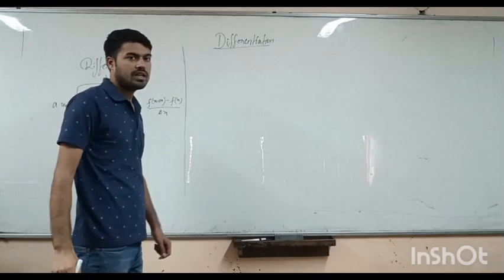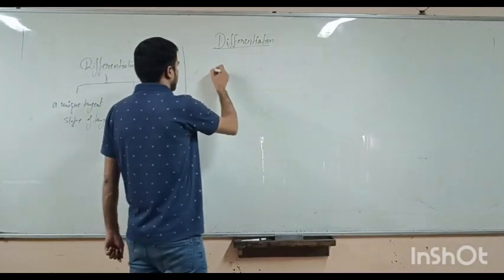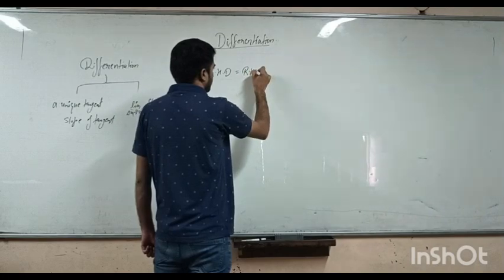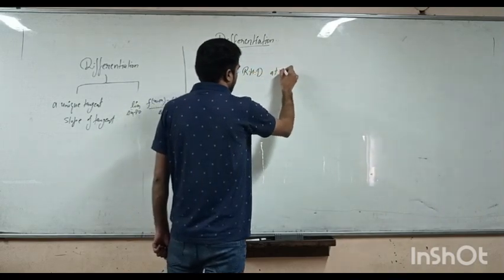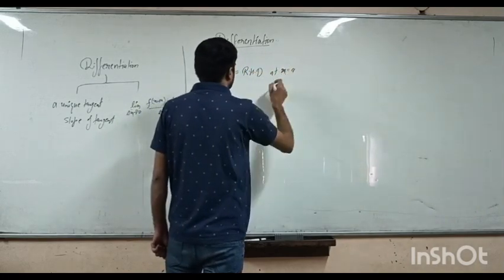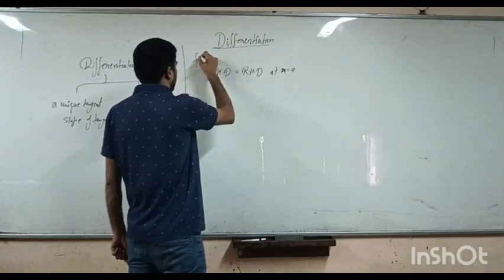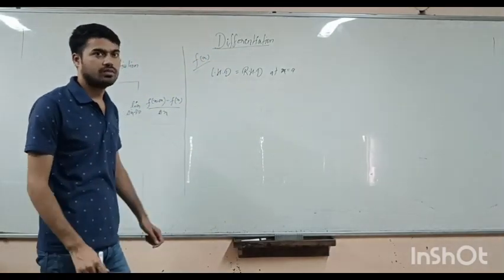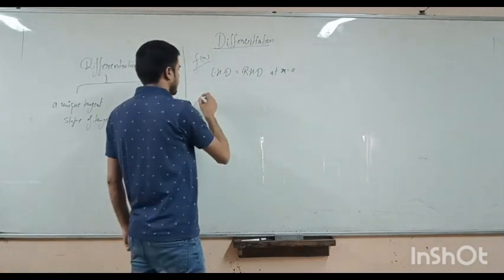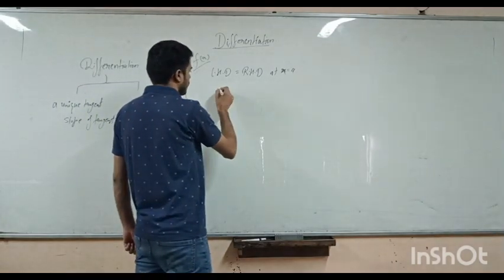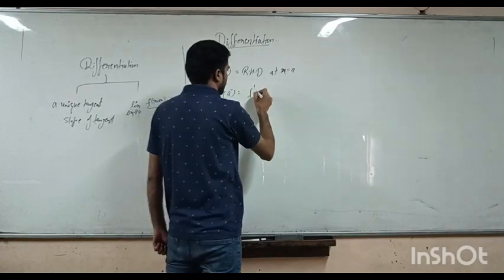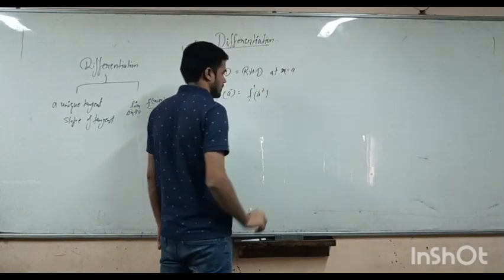In mathematical language, if the left hand derivative is equal to the right hand derivative at x equal to a for any function f(x), then f(x) is said to be differentiable at x equal to a. The left hand derivative is denoted f dash a minus, and the right hand derivative is f dash a plus.